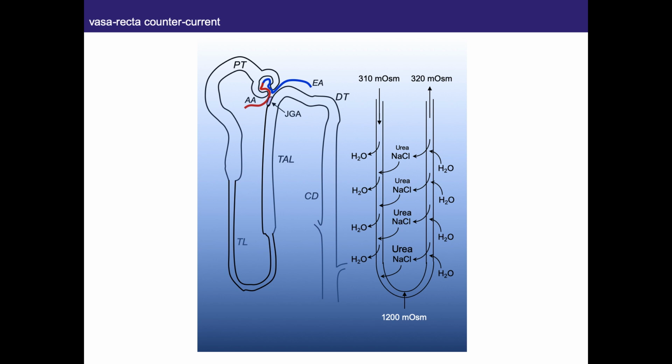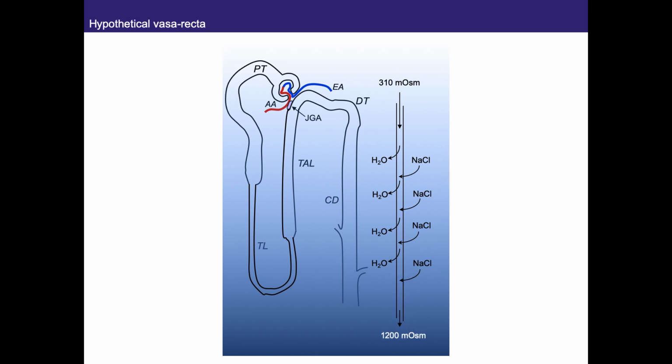But you really don't want to disrupt your osmotic gradient. If the vasa recta was linear, delivering oxygen and nutrients to the epithelial cells, but it basically just went into the intermedullary region and then out of the kidney, you would be constantly taking up salts and then washing them away, right?